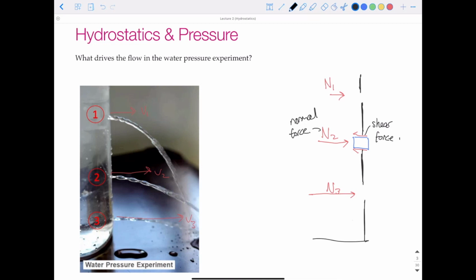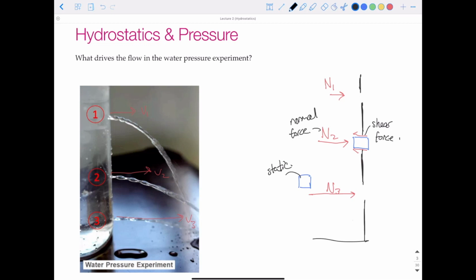Now, I know I just said hydrostatics, and now I'm talking about water flowing out of these holes cut into the side of this container. But the point I'm driving at is that it is the pressure that is driving this behavior, and that pressure is hydrostatic pressure. So if we look at an element of fluid somewhere, some distance away, this is hydrostatic, or we just say static, it's not moving.